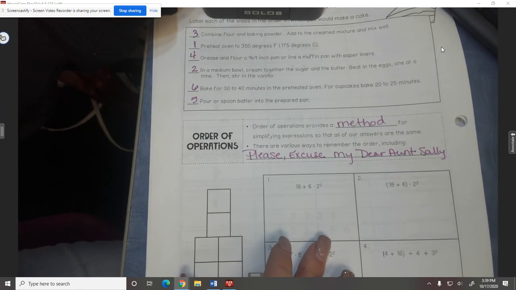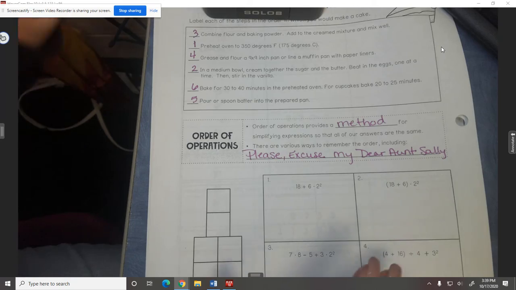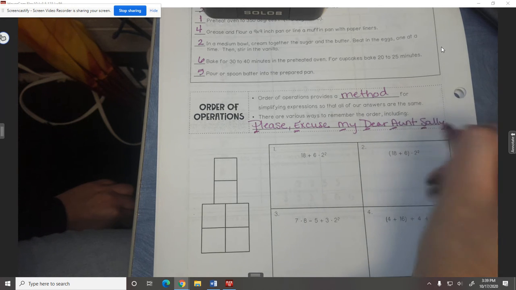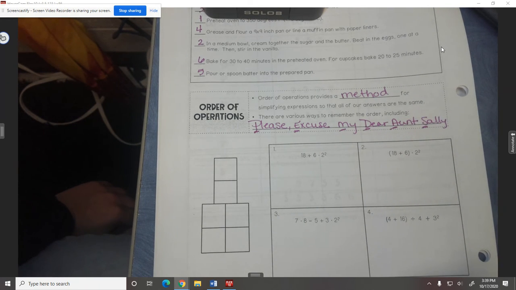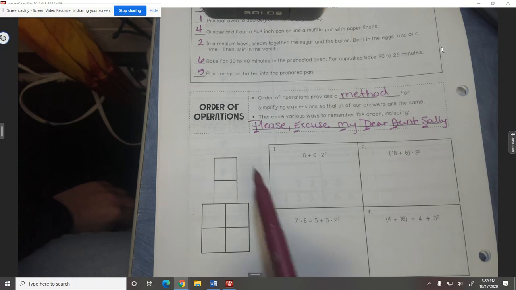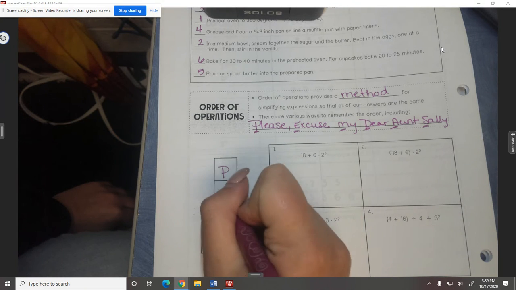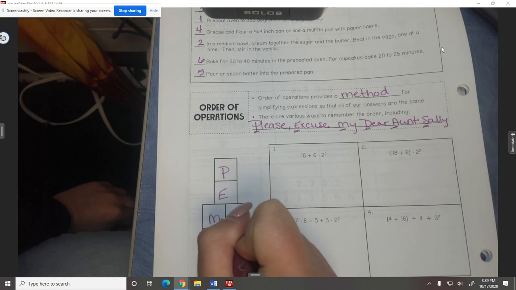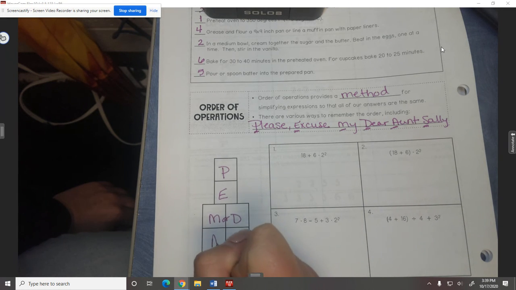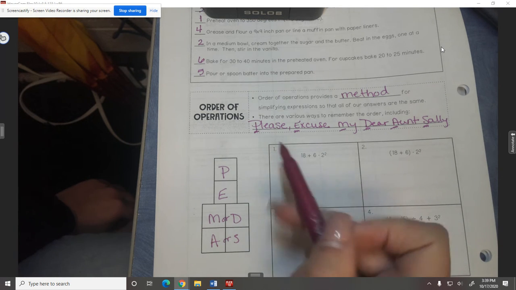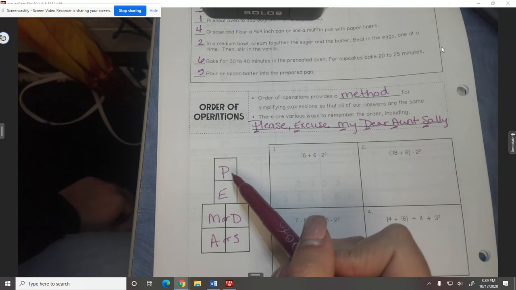And each letter represents something. Okay, so P, E, M, D, A, S. Those all stand for something. And we write it in this little form, looks like a hopscotch in a way, where P goes first, then E, then M or D, then A or S. Do you remember what P stands for?